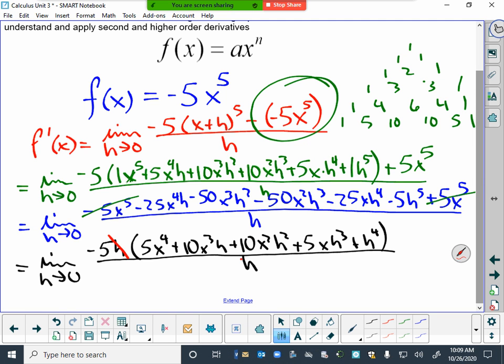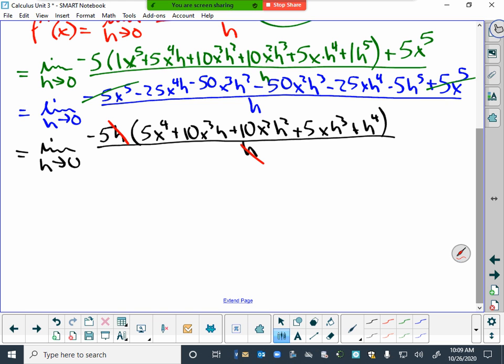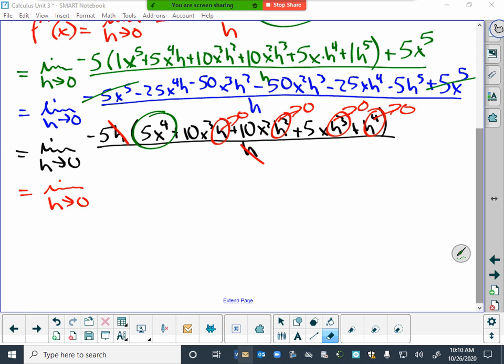And h divided by h is 1 as long as h is not equal to 0. And we're taking the limit as it's going to 0, so not actually getting there. And if we notice, we've got h's left here, here, here, and here. As h goes to 0, all of these things go to 0, and all that remains is this. So my limit is 5x to the fourth.